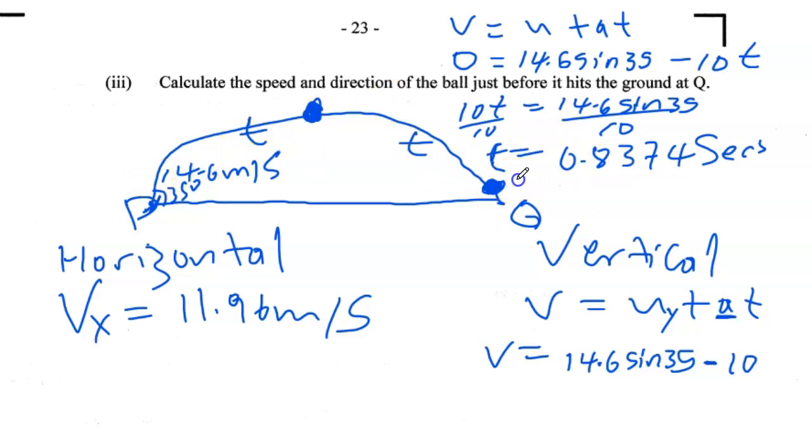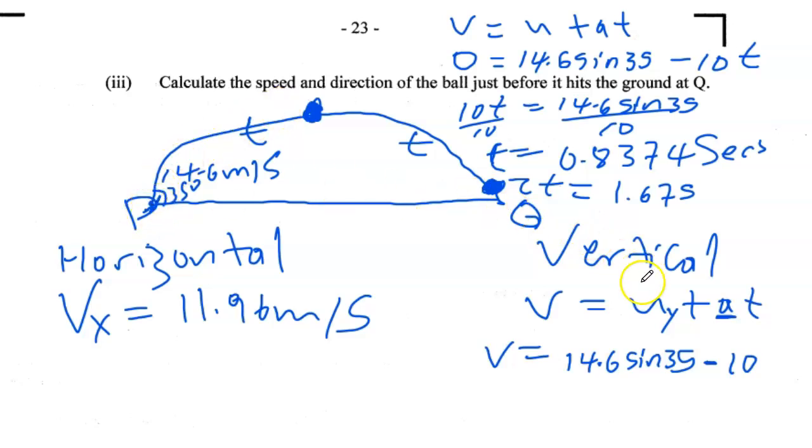So 0.8374 times 2 is 1.675. So the full journey from P to Q is 1.675. So that's what we're using here for this time, 1.675.